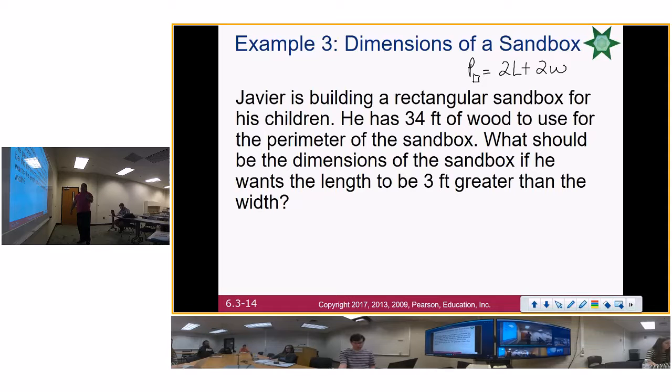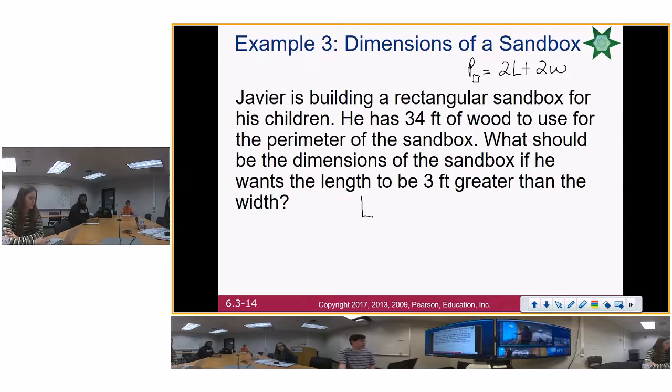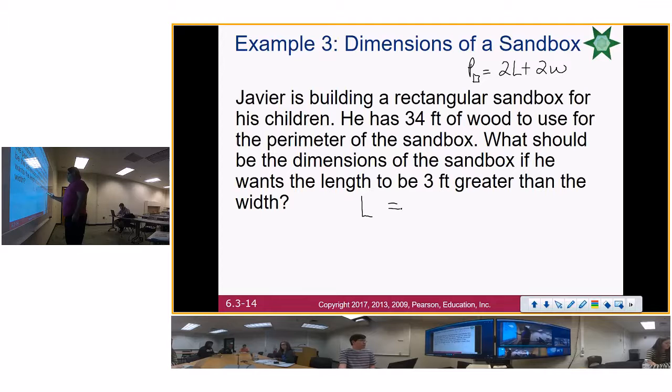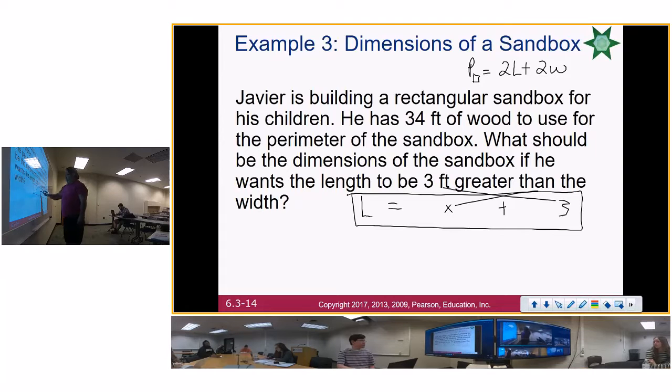What should the dimensions of the sandbox be if he wants the length to be 3 feet greater than the width? When I say greater than or less than, I do the crisscross. So what am I going to do with L is equal to W plus 3?